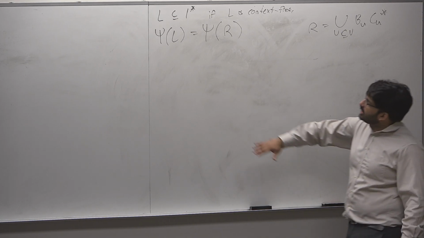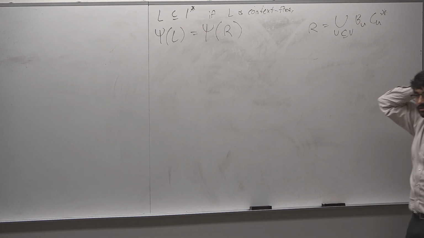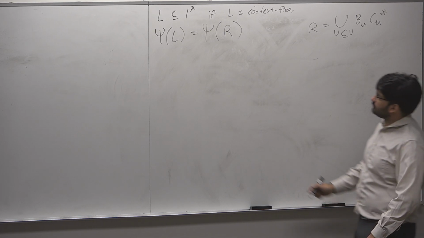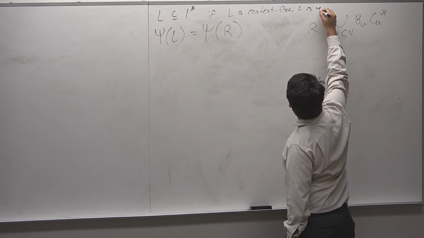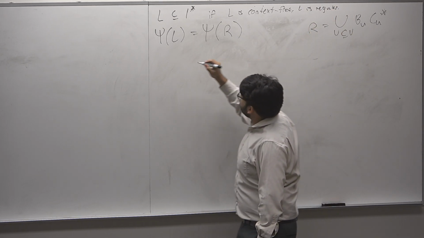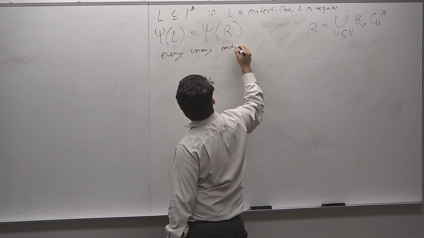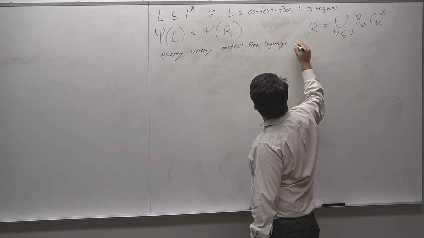So in the specific case that you know that L is unary, what do you also know about a context-free unary language? I would say just that it's regular. It is regular. Every unary context-free language is regular.